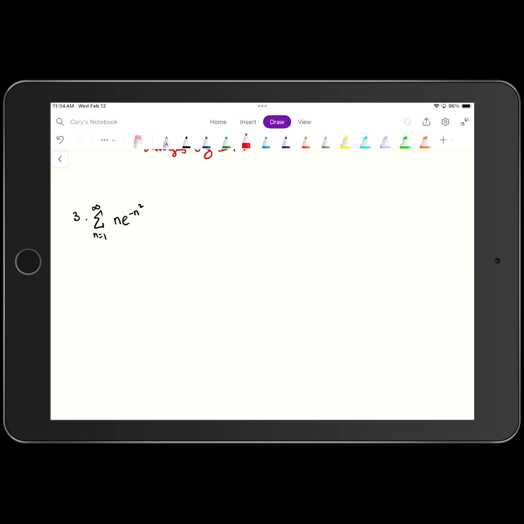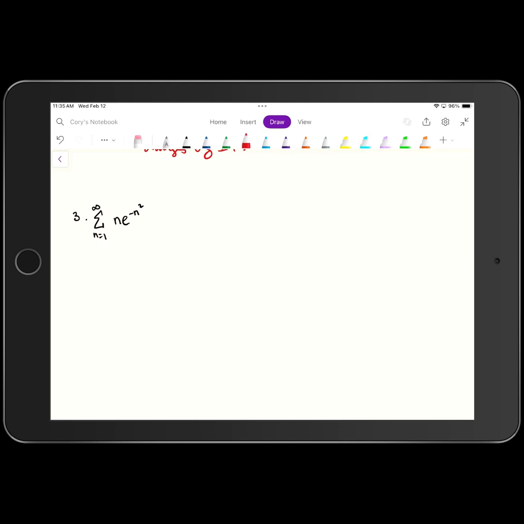Okay, so for number 3, we have the sum from n equals 1 to infinity of n times e raised to the negative n squared power. Again, this formula here is one that we are going to be able to integrate by u substitution. So let's check and see if this is a candidate to use the integral test on.